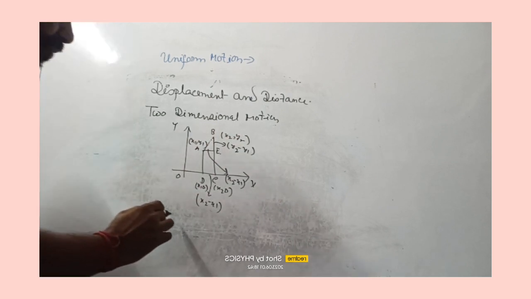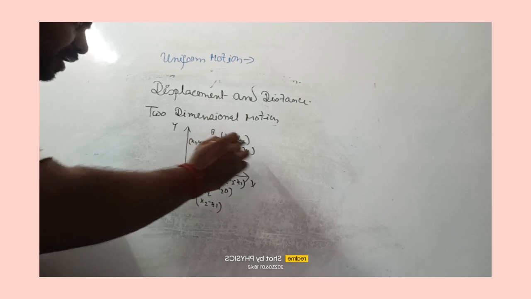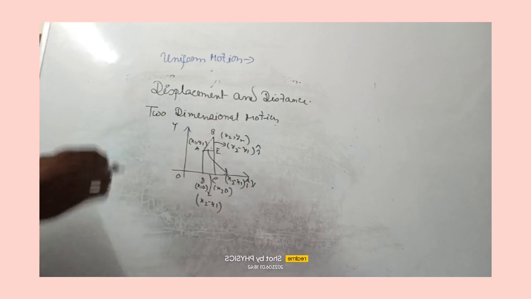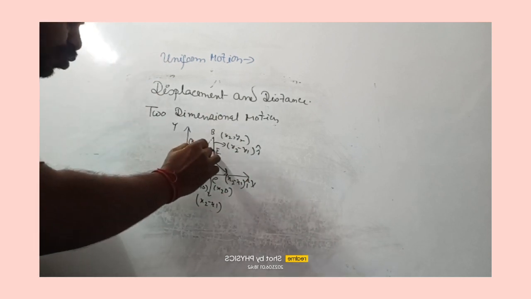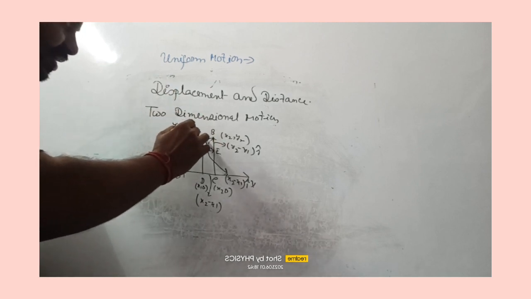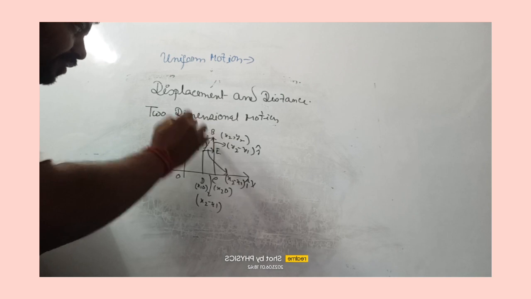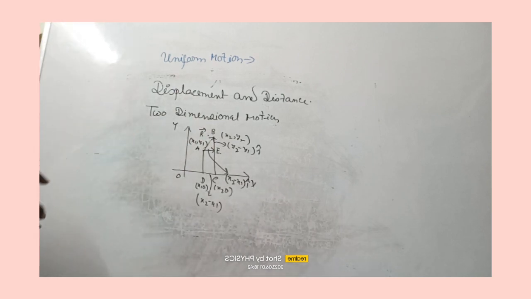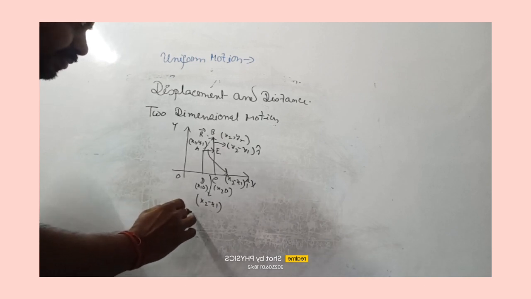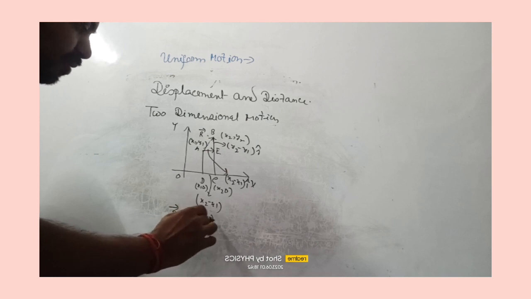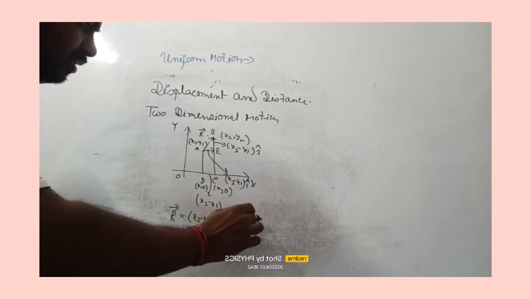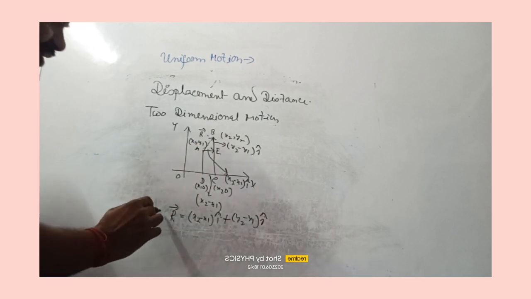Now the displacement AB: along this is the i hat and this is the j hat, so it turns into a vector, the two sides of a triangle, with the resultant R. From the vector addition rule, R vector is equal to x2 minus x1 i hat plus y2 minus y1 j hat, that is the AB vector.